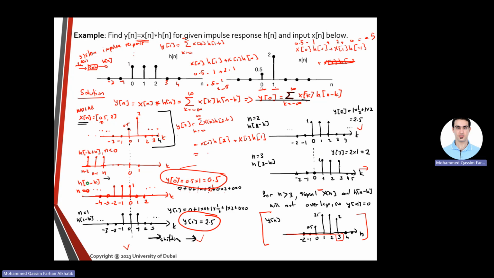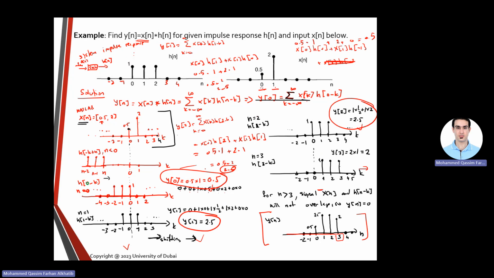How much is x of 0? It was 0.5 times 1 plus x of 1, 2 times h of 1, it's 1. So 0.5 plus 2 is again 2.5. That's y of 2.